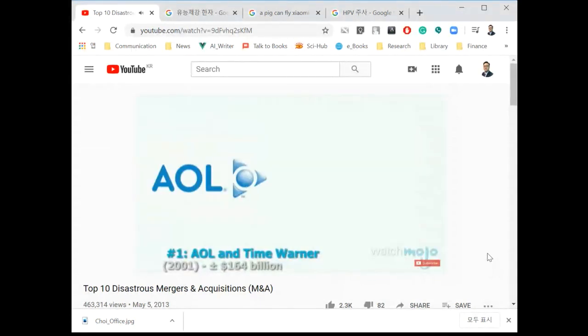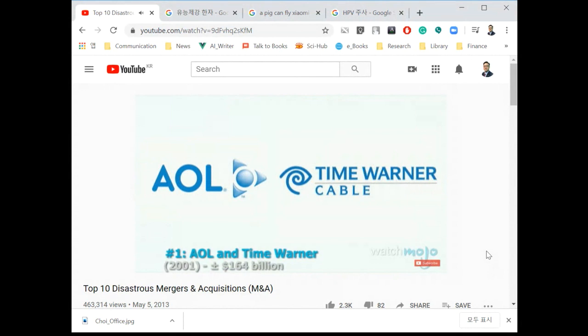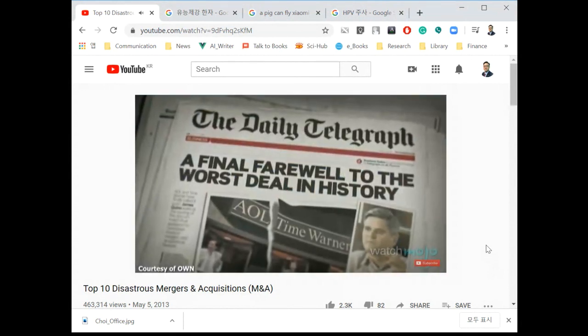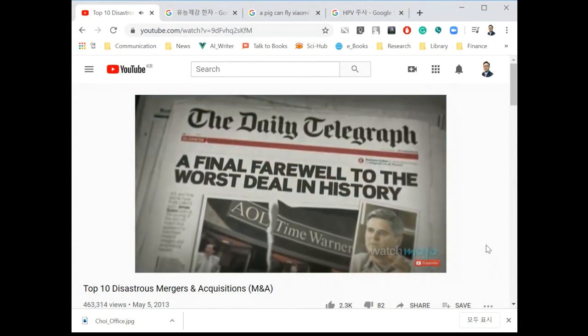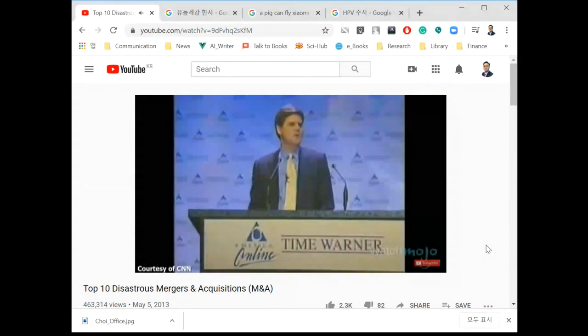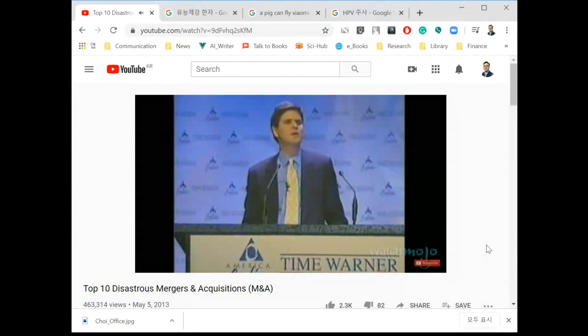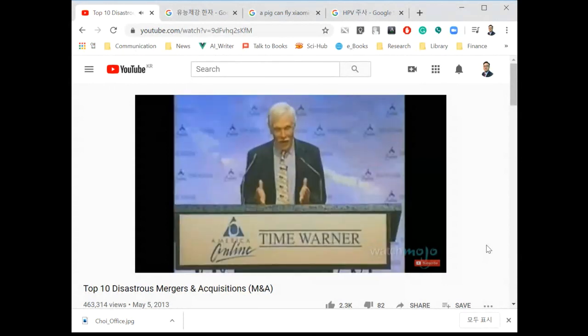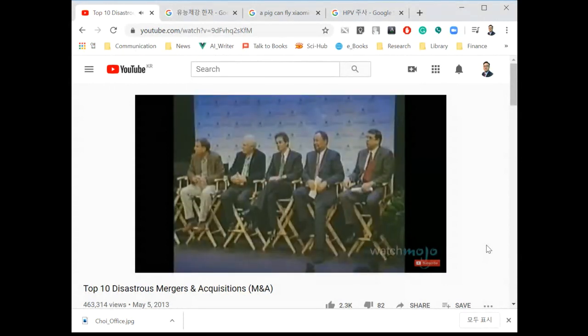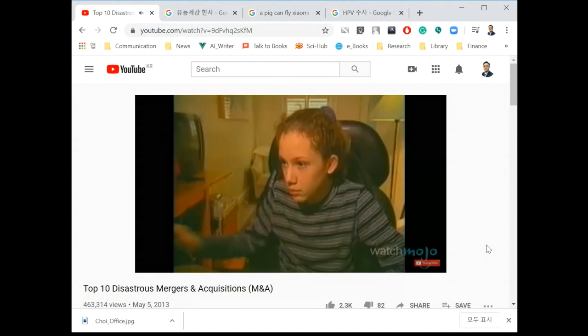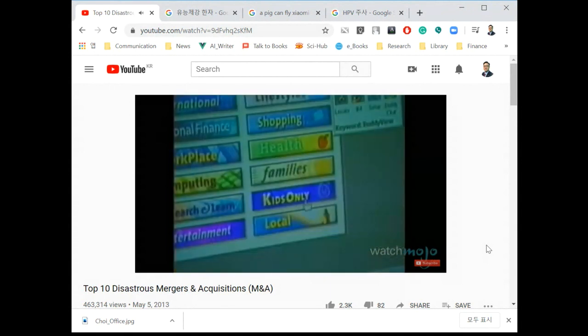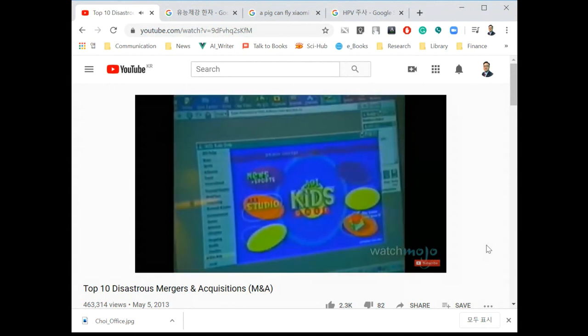Number 1, AOL and Time Warner. It's been called the worst merger ever and the single biggest mistake in corporate history. The merger of the number one internet company with the number one media company will bring together the best of both worlds. After Time Warner merged its old school print media with AOL's new school digital content for $164 billion, the dot-com bubble burst.